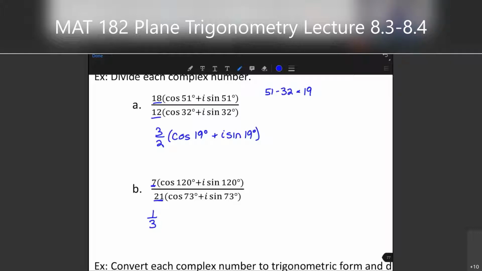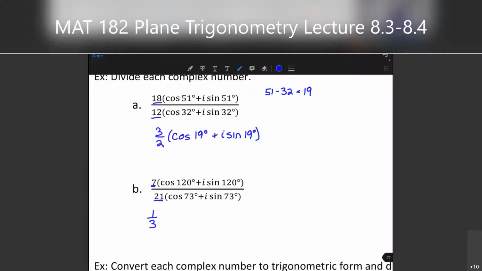Would it be 47, Mr. Copeland? So we have cos 47 plus sin 47? Yeah, because 120 minus 73?